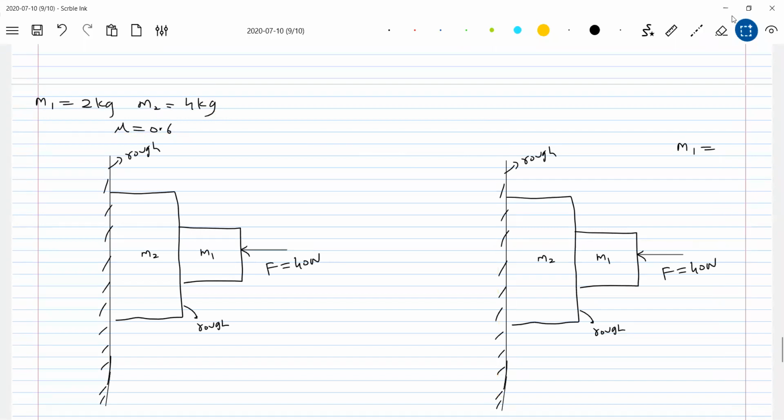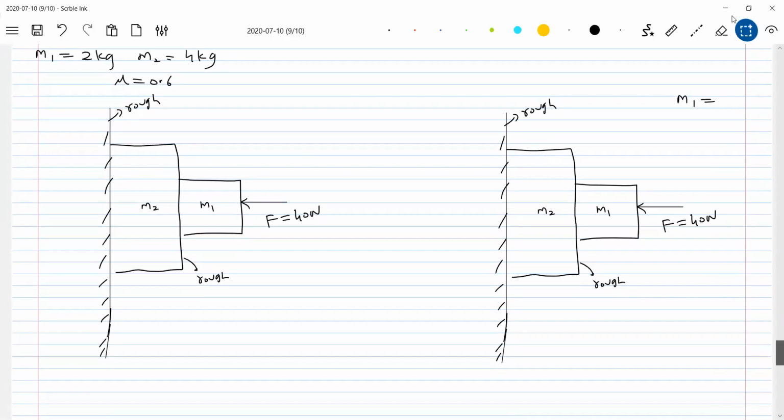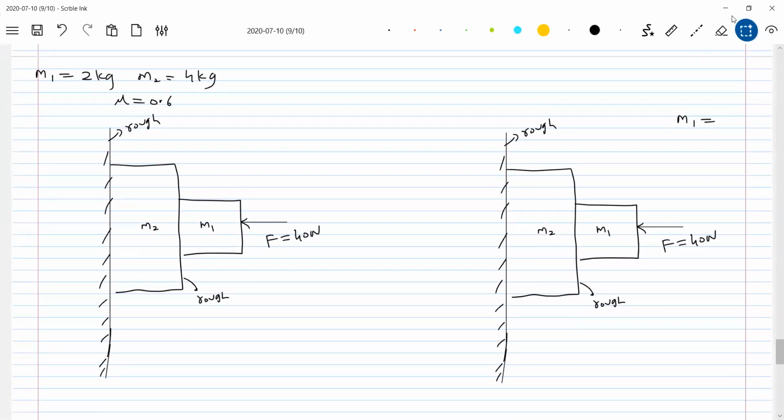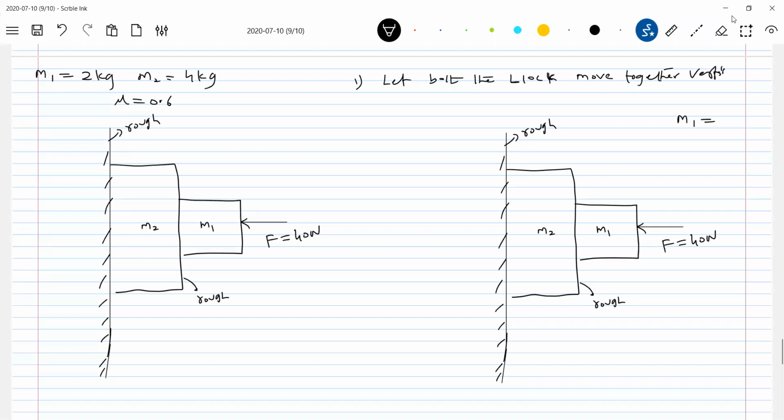Okay, let's begin. So what is the first assumption? Let there be no slipping. Let both the blocks move together vertically down.